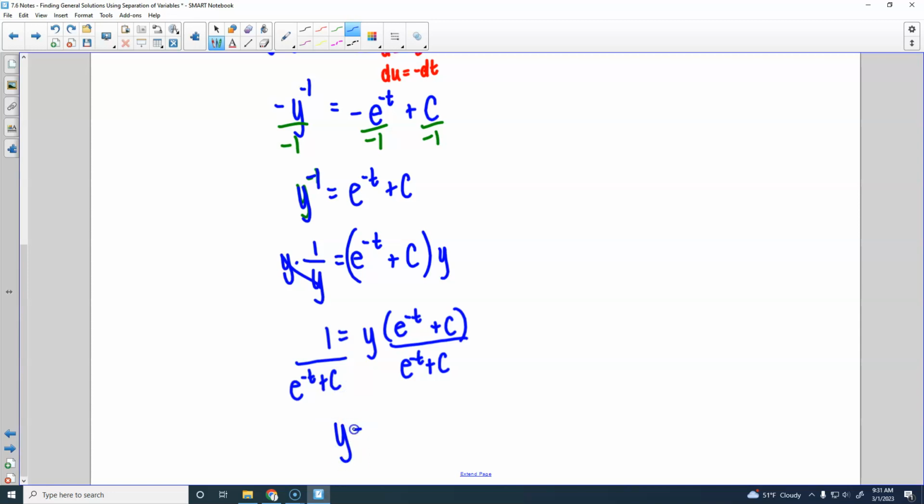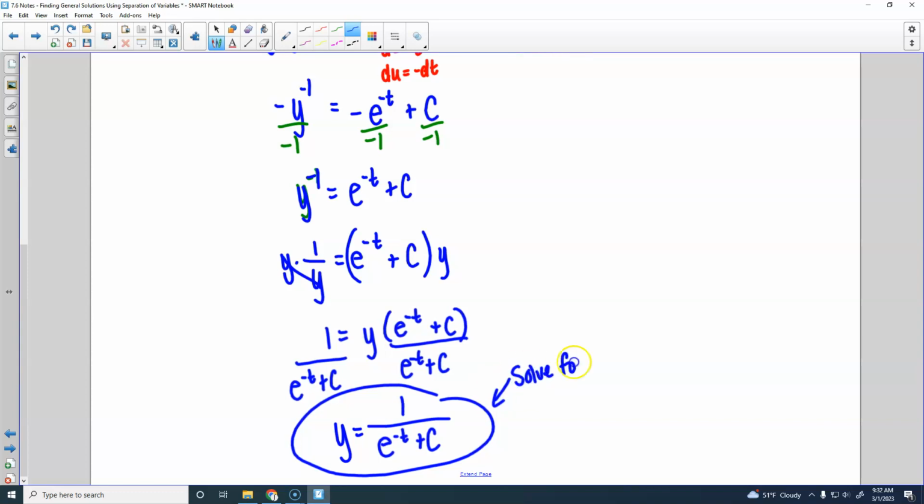So y would equal 1 over e to the -t plus c. So if they asked you to solve for y, this is what you would get. If they don't, it would be perfectly fine to leave your answer right here. It depends on how it is worded.